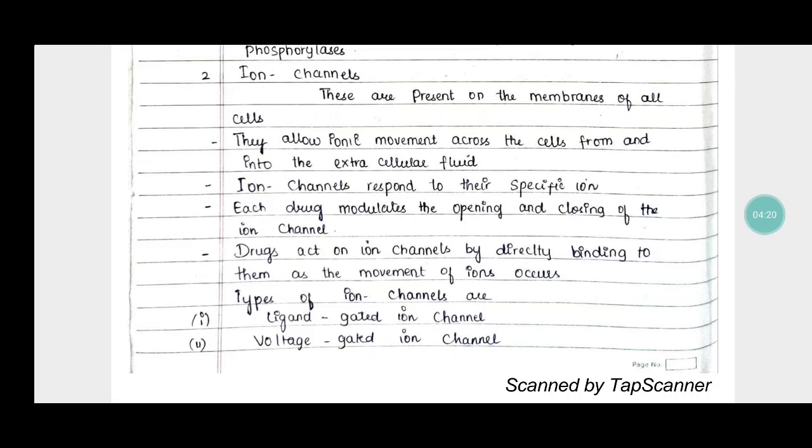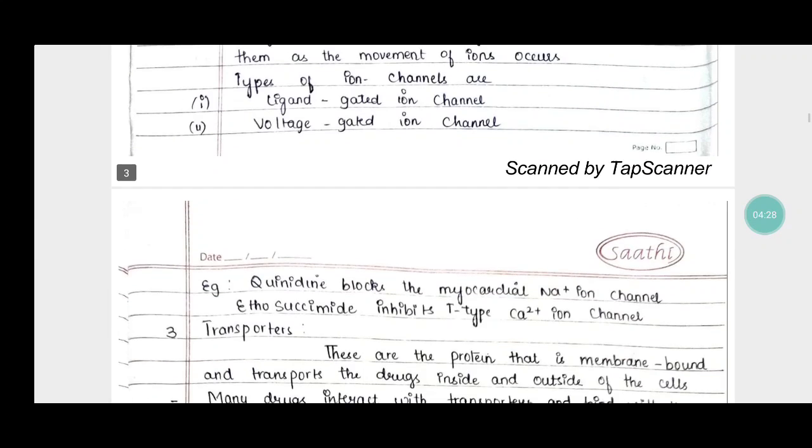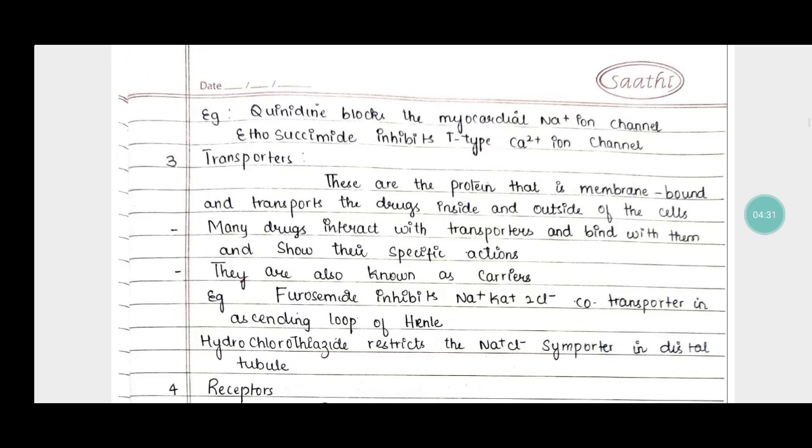The types of ion channels are ligand gated ion channels and voltage gated ion channels. For example, quinidine blocks the myocardial sodium ion channels, and ethosuximide inhibits T type, that is transient type, calcium ion channels.